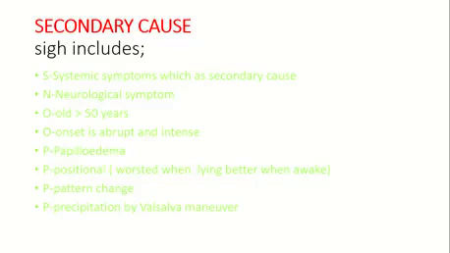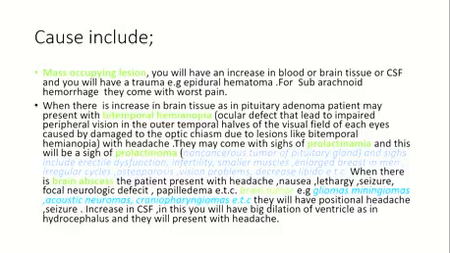So let's proceed. Let's see the causes. One is mass occupying lesion. When you have a mass occupying lesion, you will probably have increased blood in the brain, and also there will be an increase in CSF.